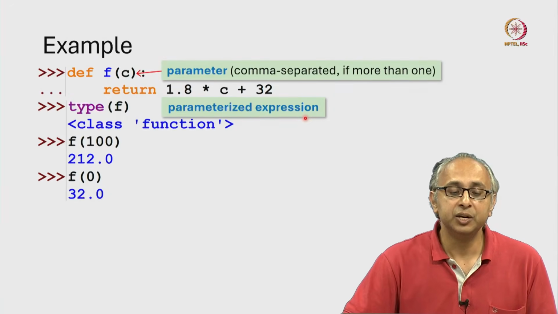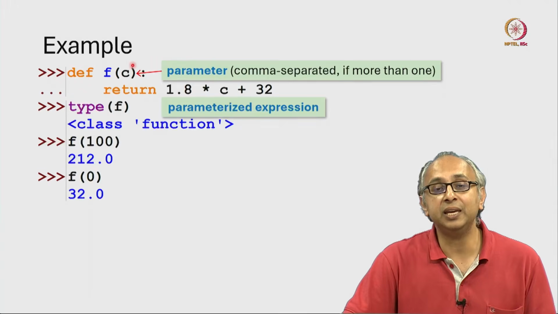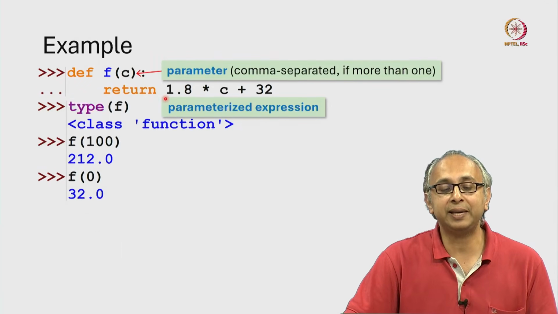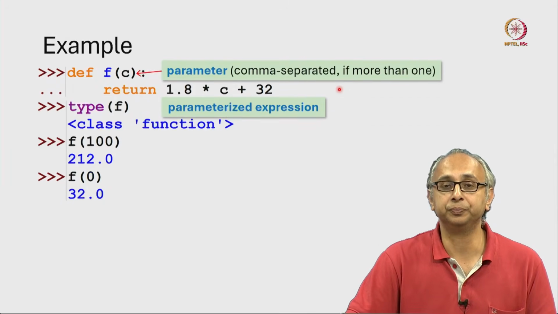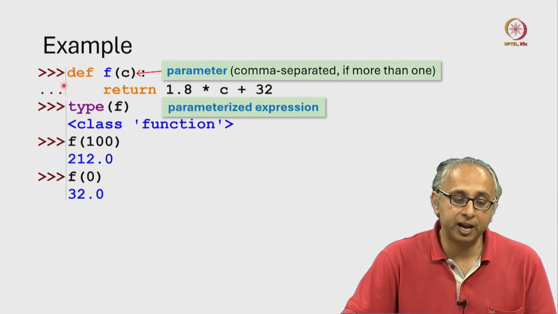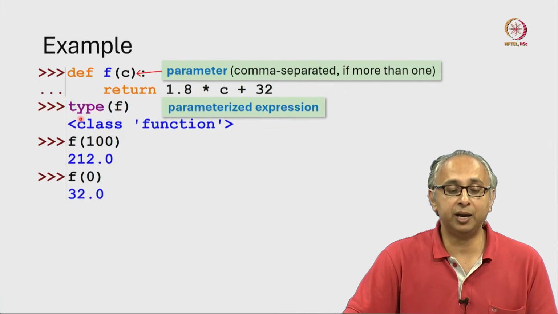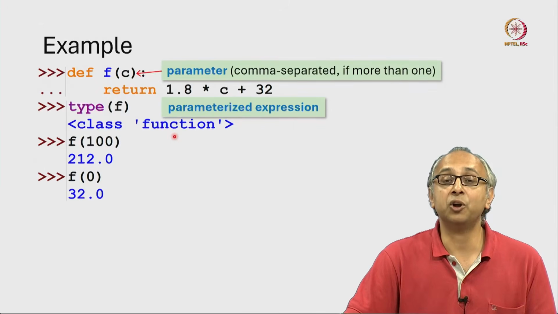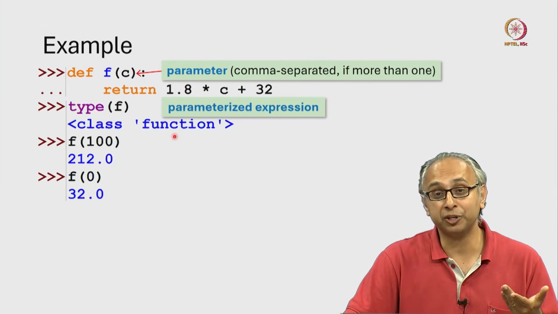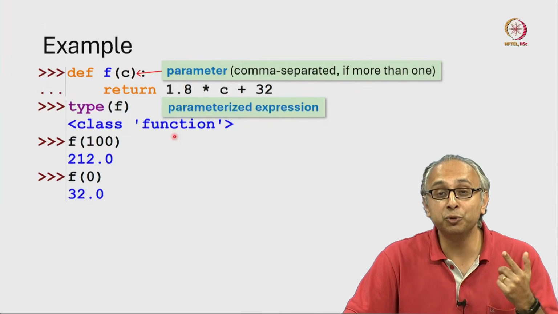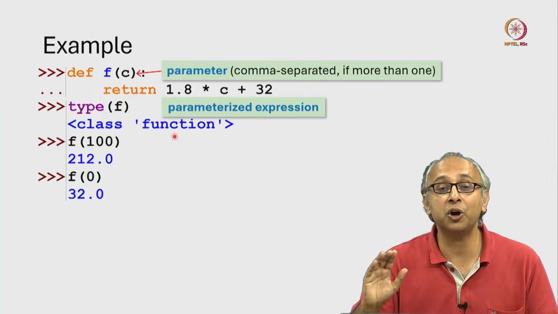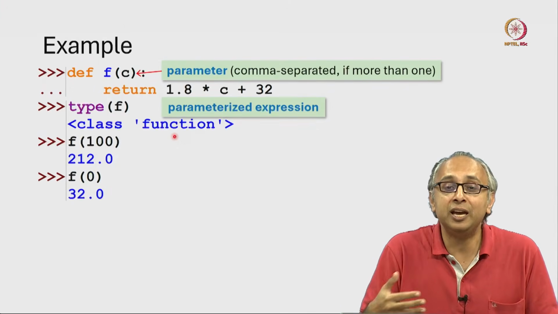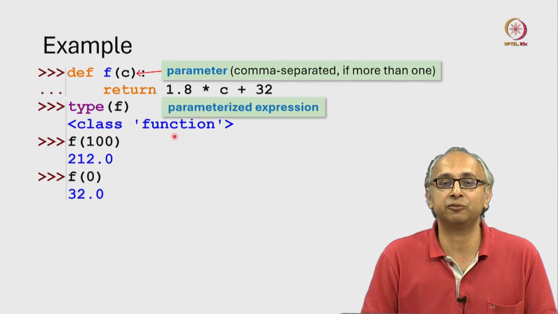So in this case, no matter what value c we provide, we will calculate and return 1.8 times that value c plus 32. Now, once we have defined this function, if we asked in the REPL what is type of f, it tells us it is an object from the class function. This is a user-defined function. It is not a built-in function. We have just created this function f.